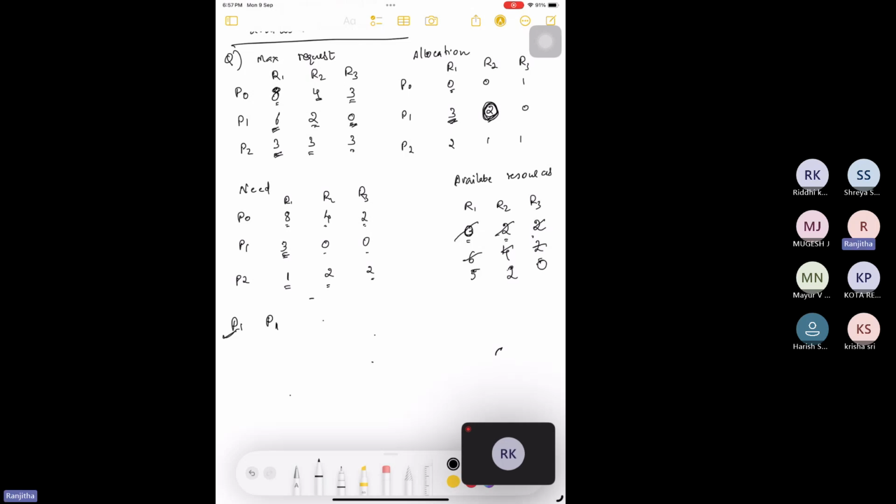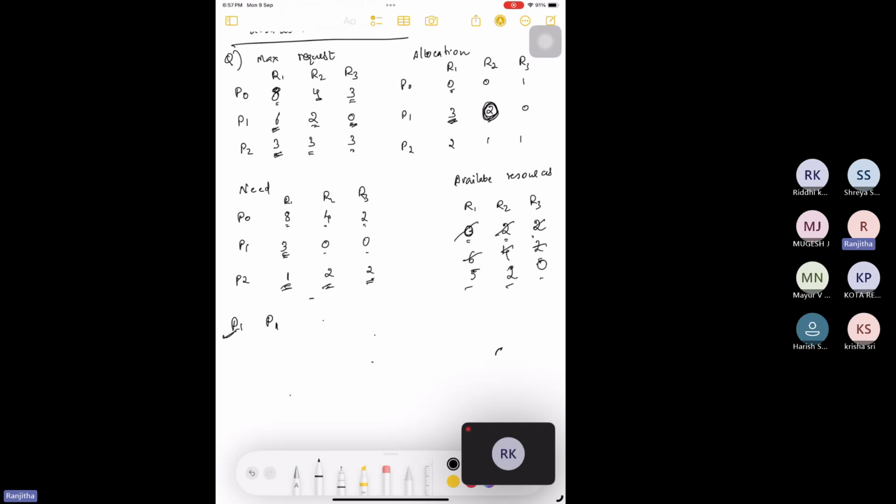So now P2 is executing. We gave 1, we gave 2, and we gave 2, so I reduced it accordingly. Now currently available is 5, 2, and 0, and P2 is currently executing.